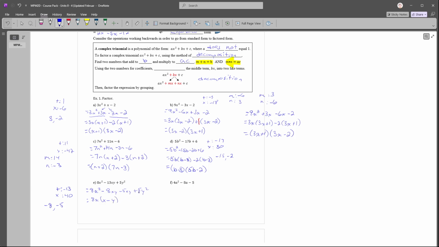I can factor out a negative 5y, which inside is going to give me an x and a y again. X minus y. So our first term is our two brackets, x minus y. And our second term is the sum of our two multipliers, which is 8x minus 5y.